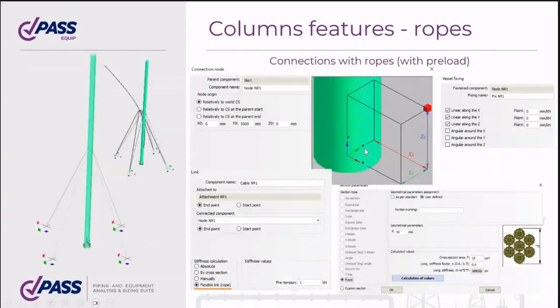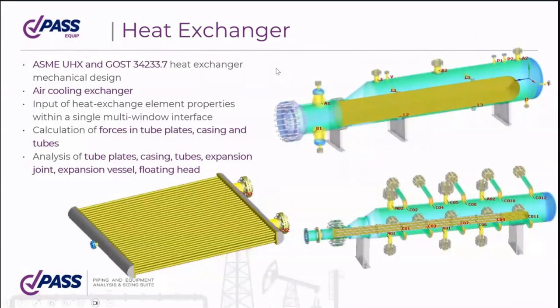We also have ropes for connection with columns. You can model this rope connection, both absolute and flexible link rope, and so on. For heat exchangers, we have different types of shell and tube exchangers, and also air cooling exchangers.